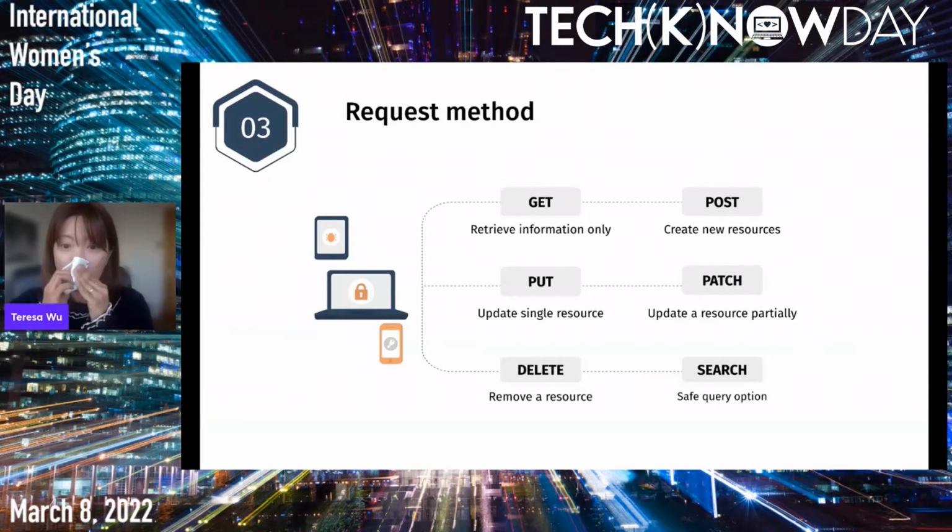Okay, so the next method I want to talk about is SEARCH. It's a newly released HTTP method. It was released last year, in 2021, around the summertime. It sits somewhere between GET and POST.